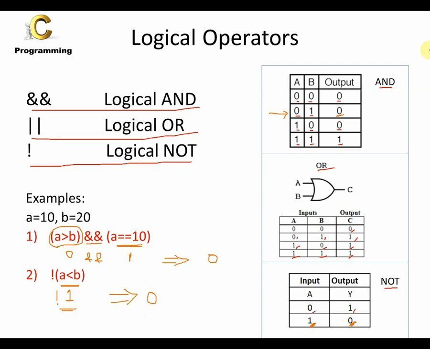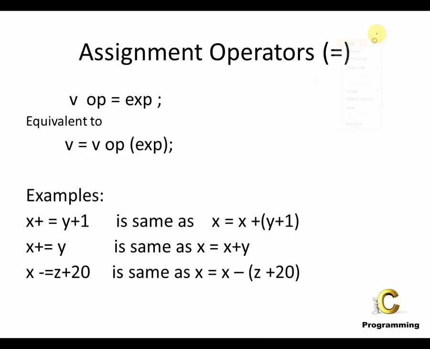Okay, let's go to the next class of operators, which are called assignment operators. Now the assignment operator is the equal to sign. They are basically used to assign the result of any expression to a variable.